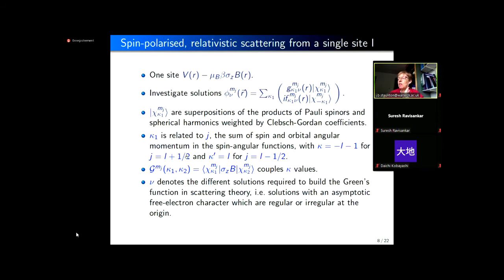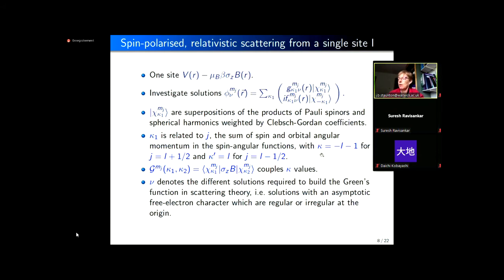So if one's thinking about adding an angular momentum L to spin 1/2, then we've got 2 possible values of the total angular momentum, L plus 1/2 and L minus 1/2.